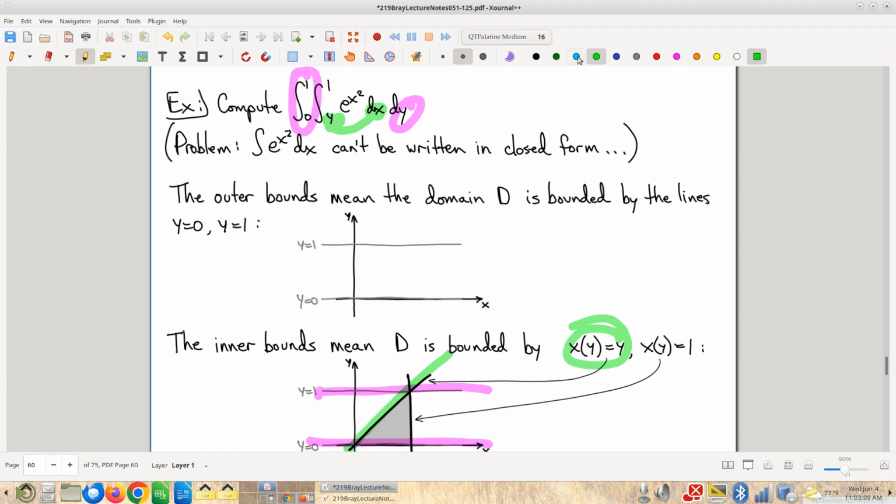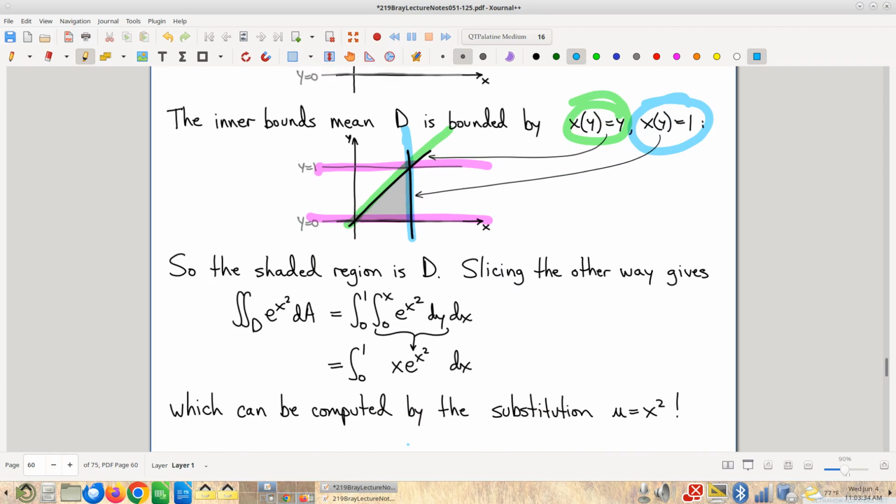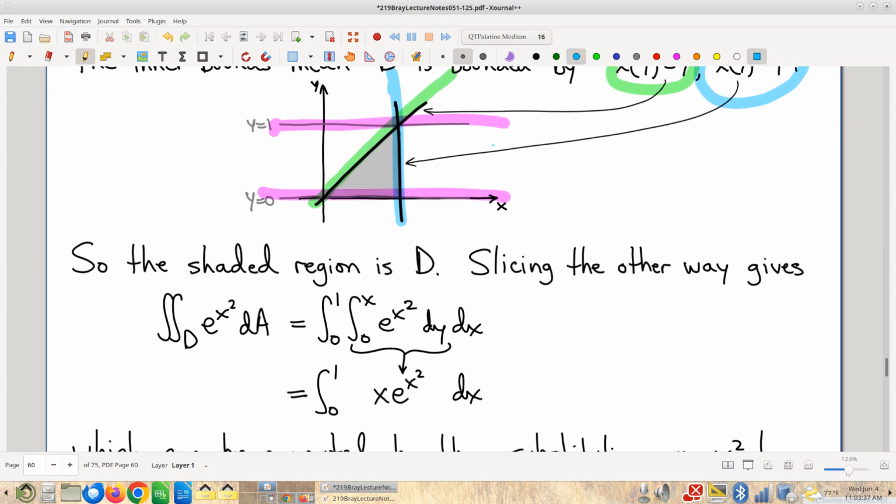Likewise, the upper bound for x is 1. That means the upper bound for x on any y slice is on that curve, which is easy to draw. That's pretty much the process. Whatever these bounds are tell you what your domain is. And as we just discussed, once you know your domain, it's just a matter of doing the usual slicing process to slice that up and infer your new bounds.